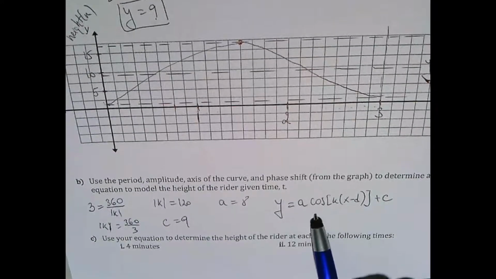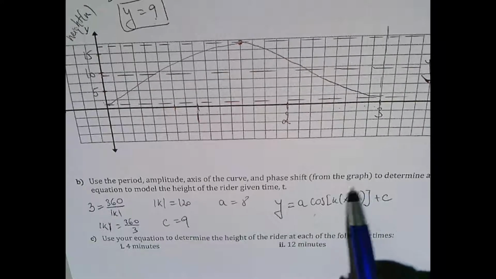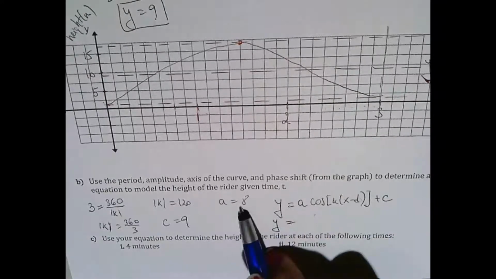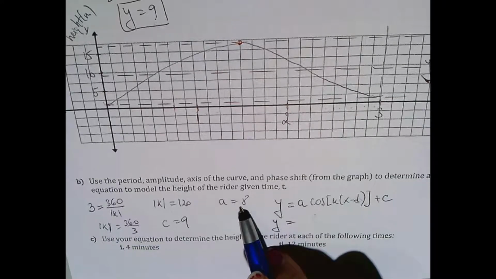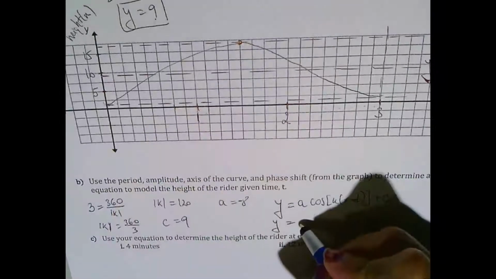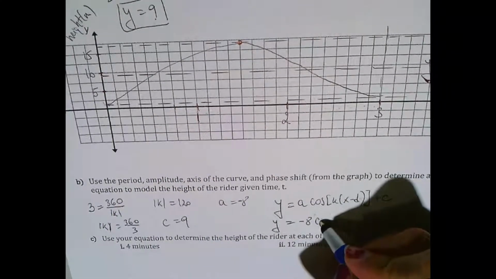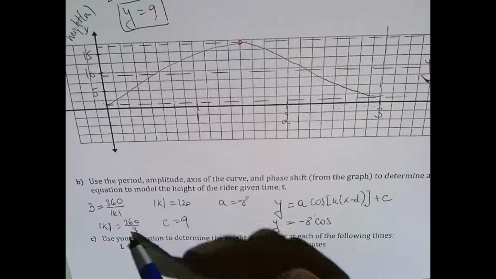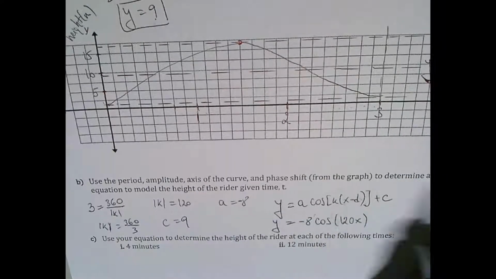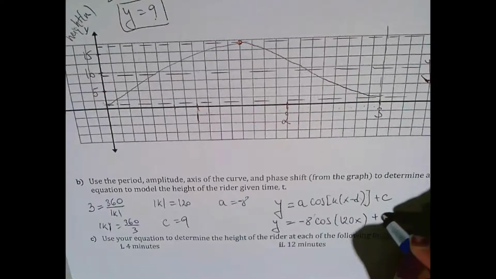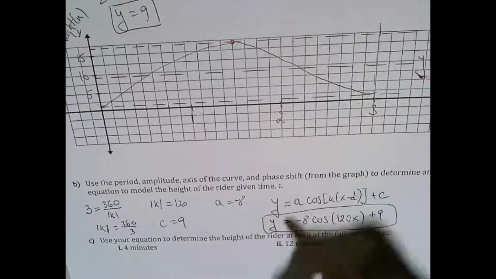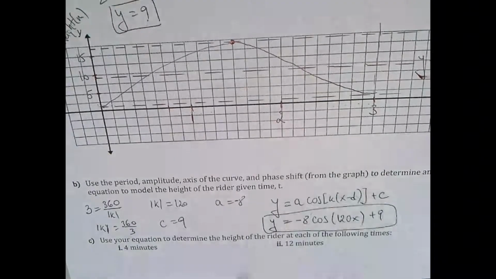And choosing cosine with a reflection will basically get rid of this d value. So y equals, so a is actually negative 8 because we decided to have a reflection. So negative 8 cosine, k is 120, so 120x, I don't have a d, and then plus 9. And this will be one of my equations for this graph.